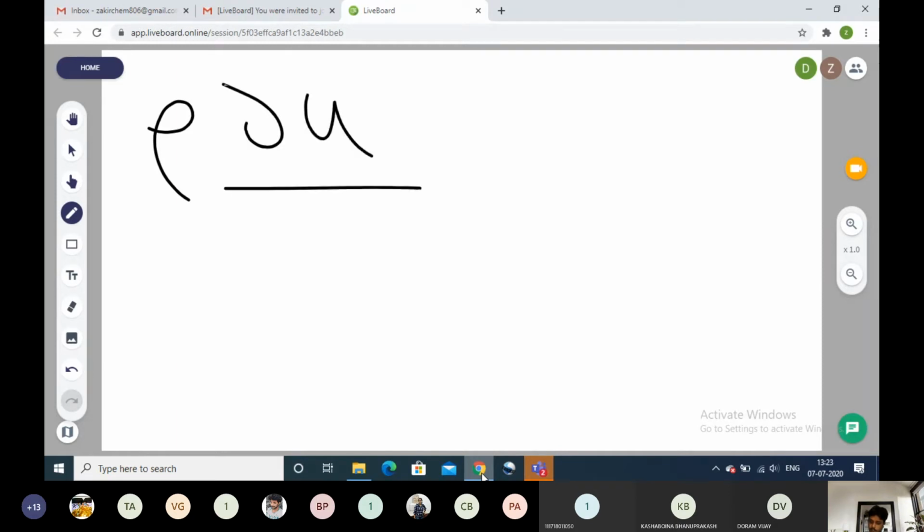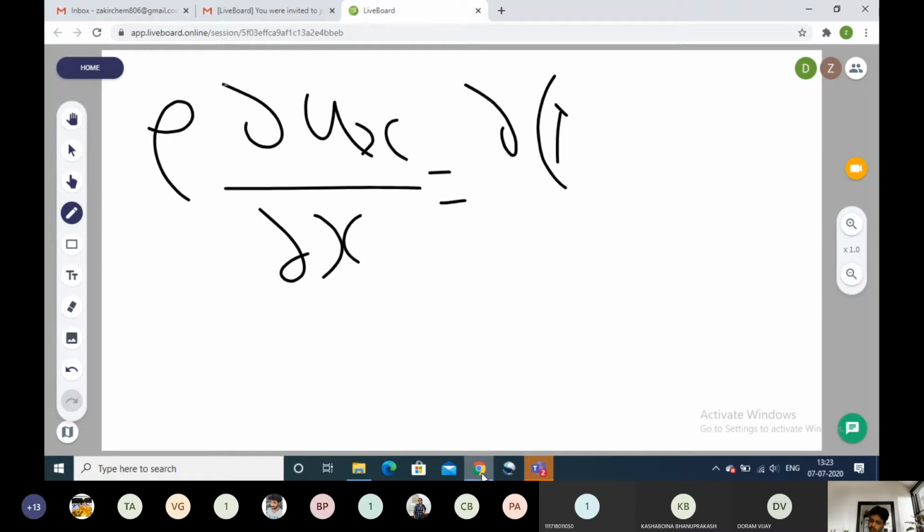Dou ux by dou x, for the x component we are differentiating, is equal to, for the next equation terms, dou of MA into NAX plus MB into NBX. For these variables you can just refer to the notes.